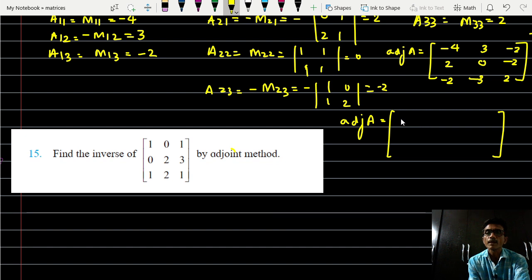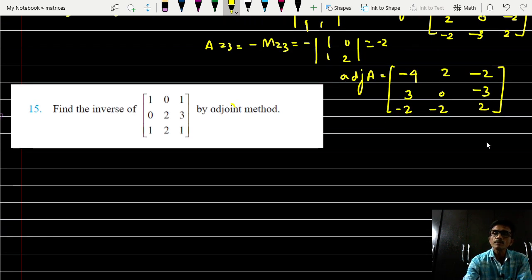Transpose is minus 4, 3, minus 2, then 2, 0, minus 2 and minus 2, minus 3, 2, after interchanging all rows and columns.